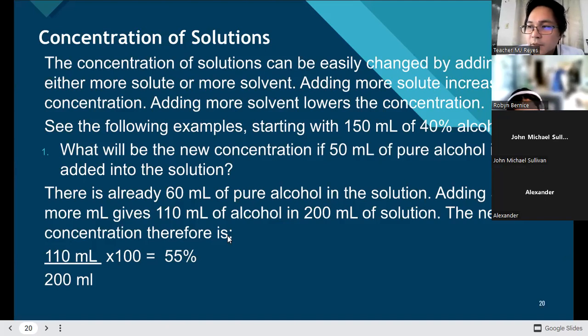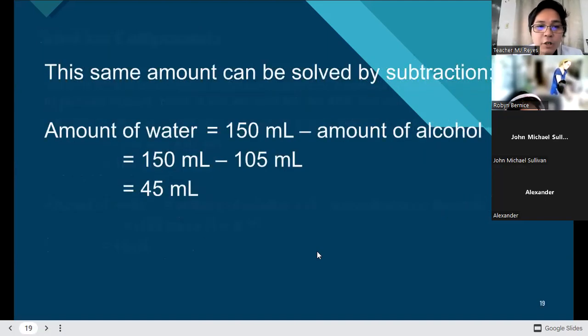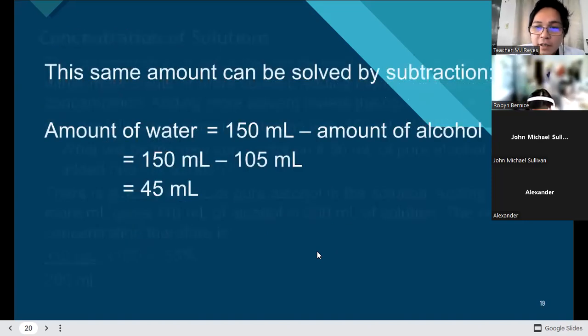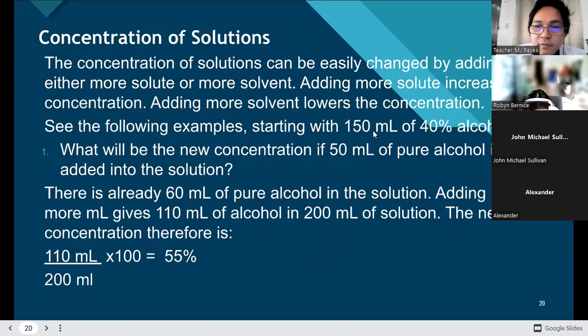Based on the formula, the amount of alcohol is the amount of solution times the concentration. So the concentration here is 40%. Convert this into decimal, 150 times 0.40, the result is 60.